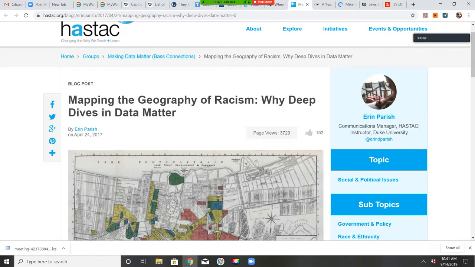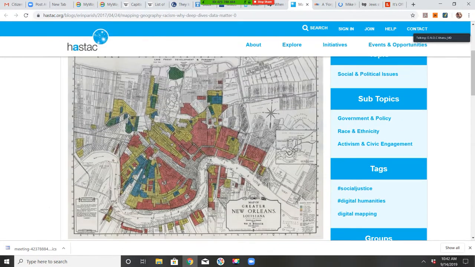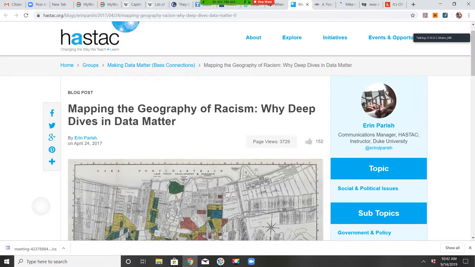Mapping the geography of racism. Okay? This is talking about redlining. And this article tells you how the racial categories give the government the data necessary to make the analytical changes to the country. This is how they do it.